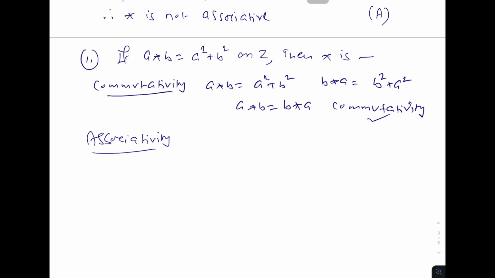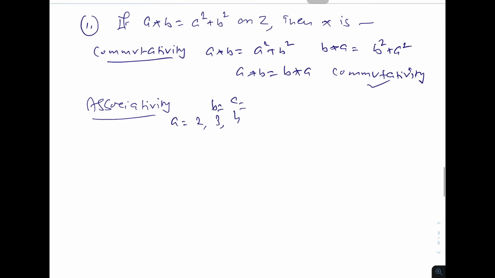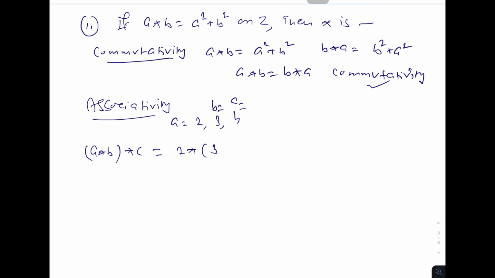So if I take a equal to 2, b equal to 3, c equal to 4, then a star b star c equal to 2 star 3 star 4.